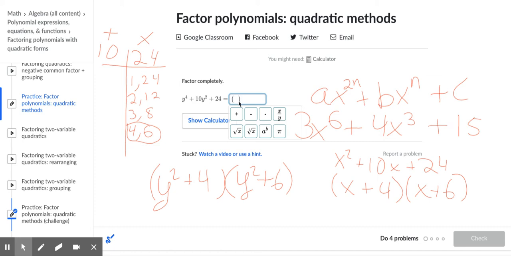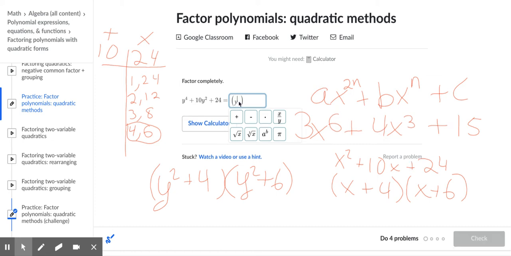This is y squared plus, oops, that's not a plus, that's a times, plus 6 y squared plus 4.